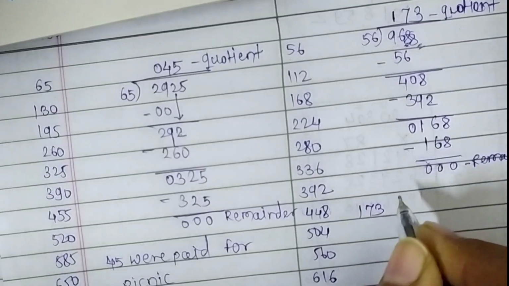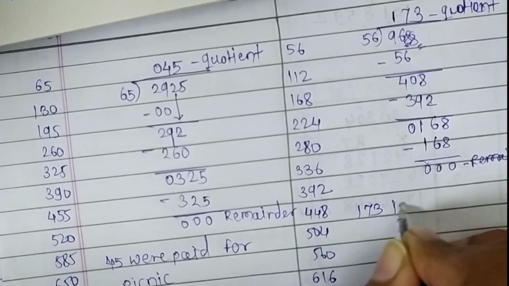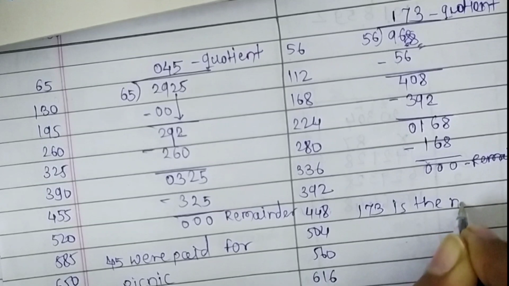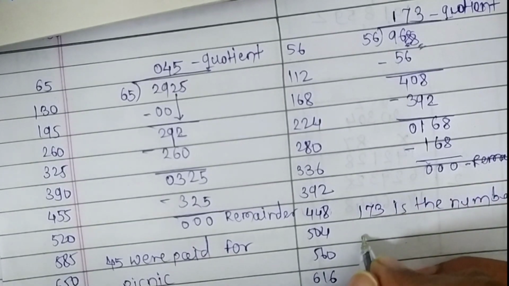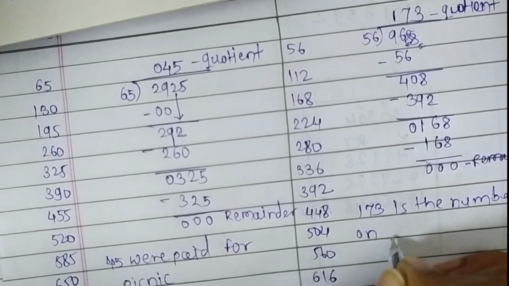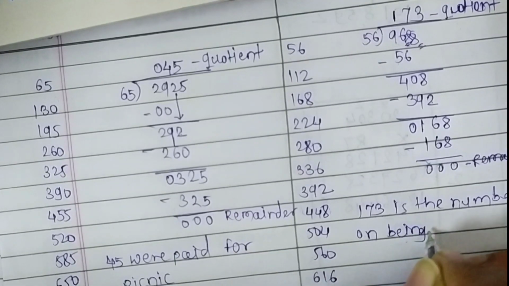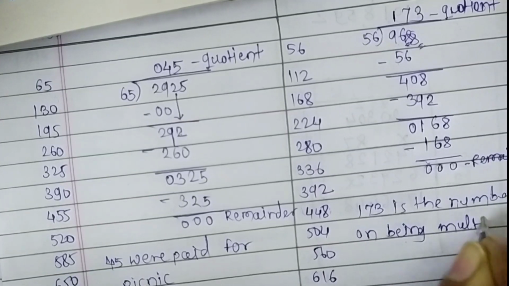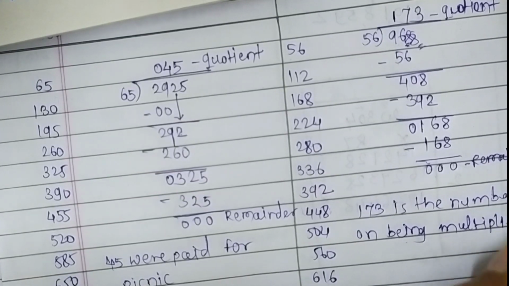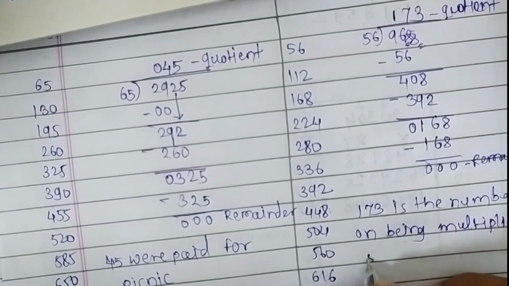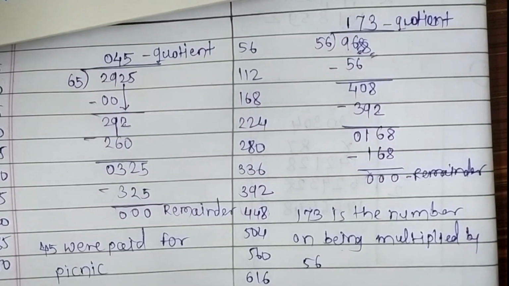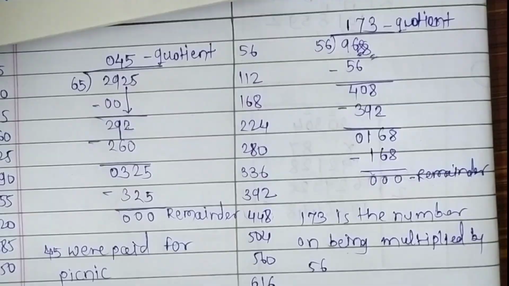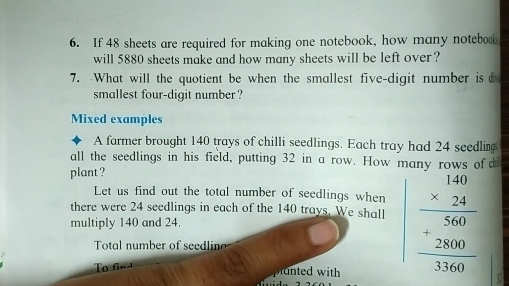So write here in words: 173 is the number on being multiplied by 56 for getting the answer, or getting the product, 9688. We have 6 questions on the next page.